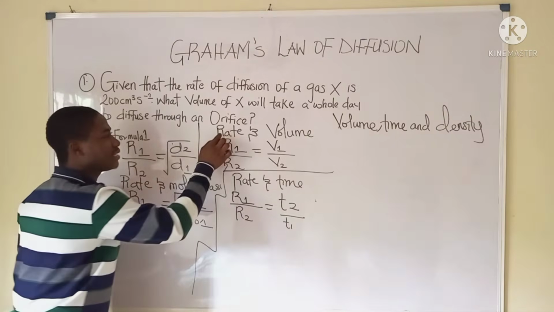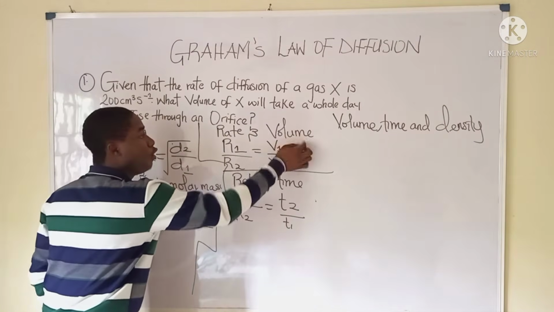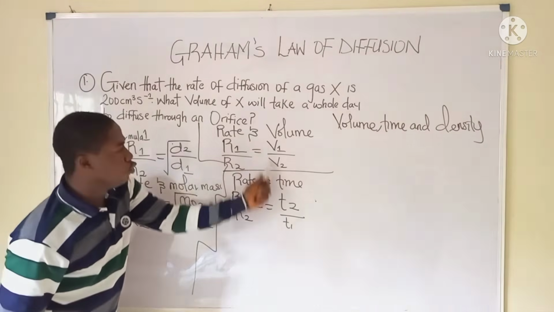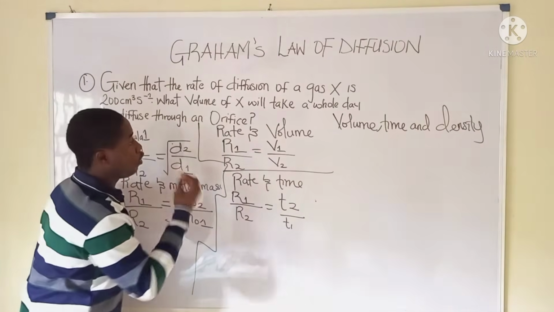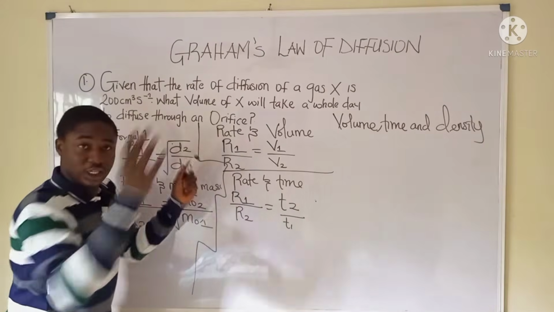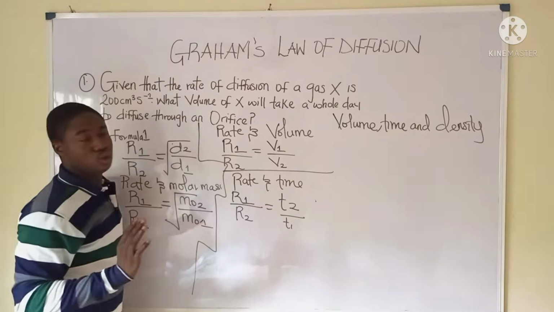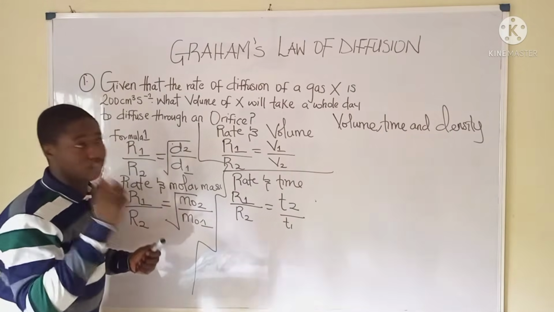But we said that for rate and volume relationship, when rate increases, volume increases. But for rate and time relationship, when rate increases, time reduces. So what will be the equation for this?